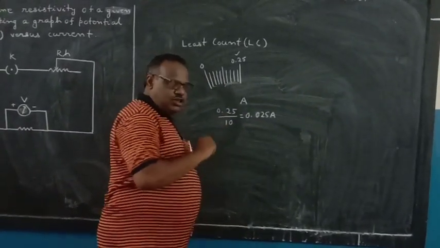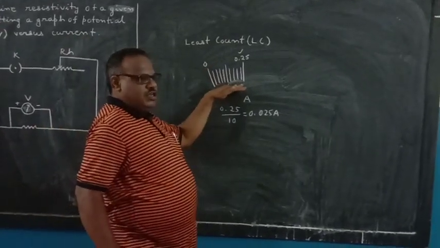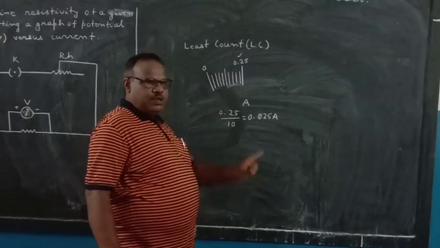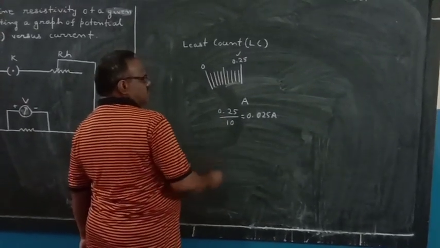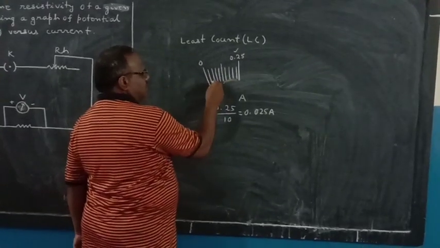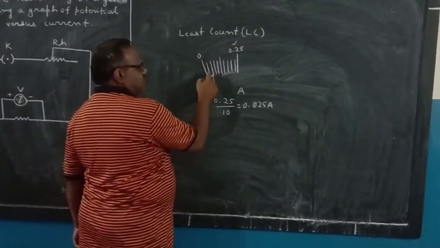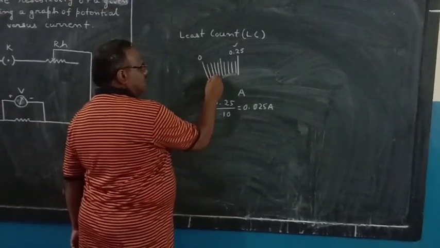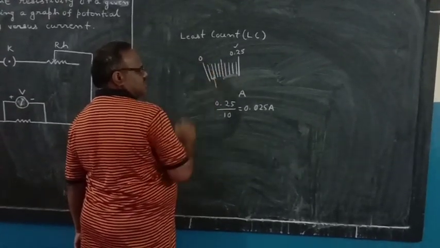Remember one thing: when you are measuring any physical quantity with a measuring instrument, it should be a multiple of the least count. Suppose the pointer is here, neither coinciding with this nor with this. Students say, sir, it is in between these two, so I am taking half of this.